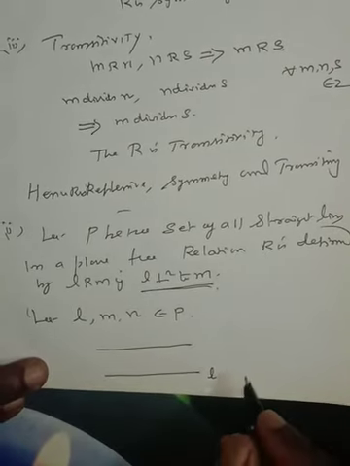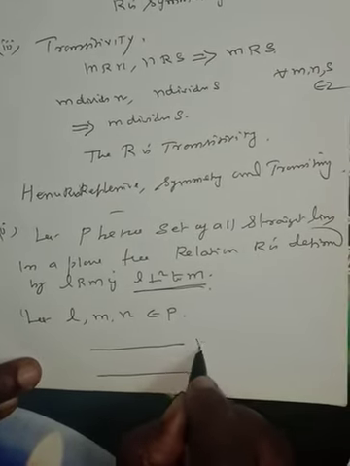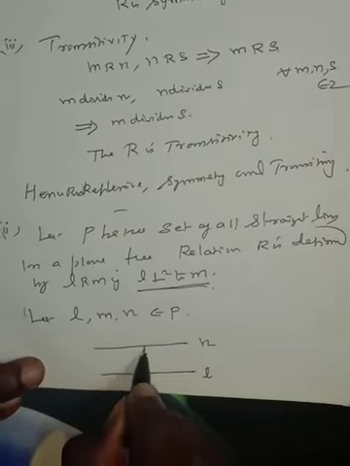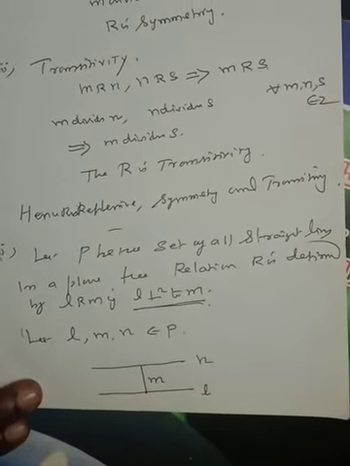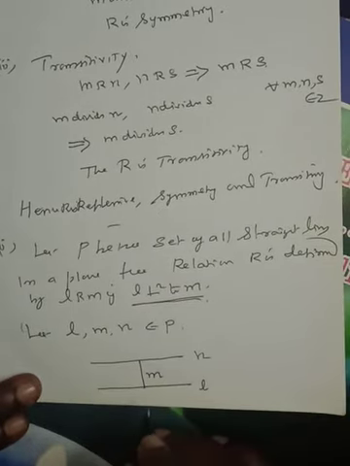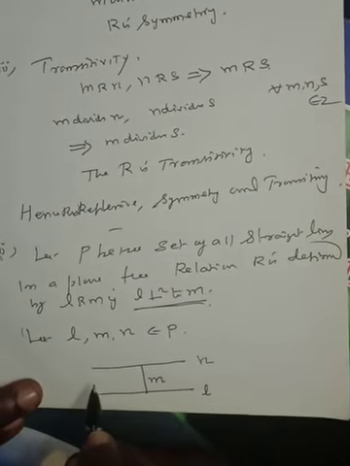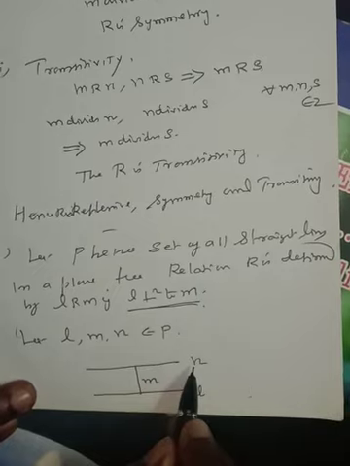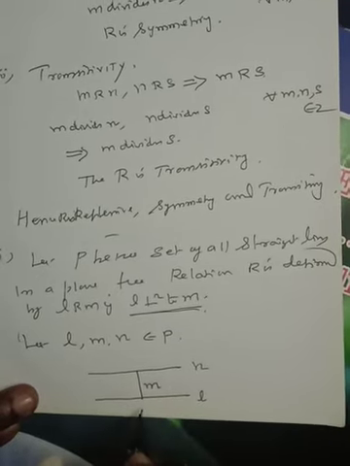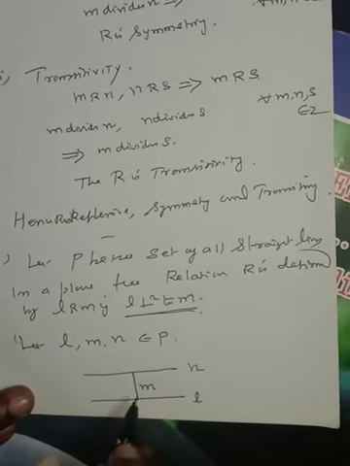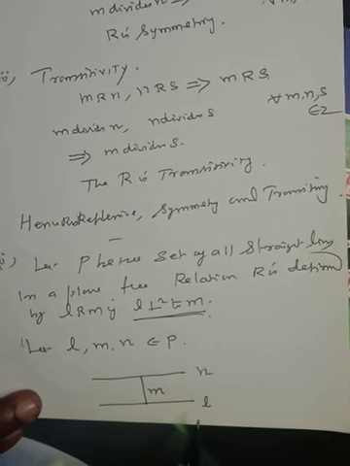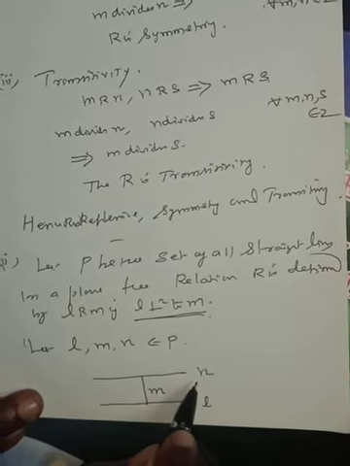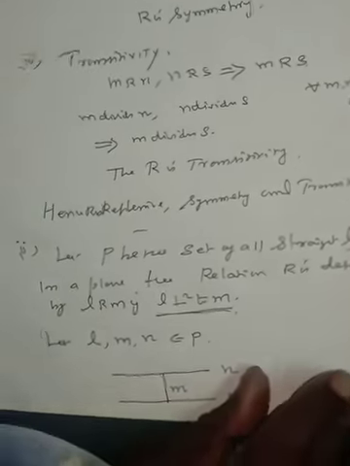L is a straight line, N is another straight line, and the perpendicular line is M. Take three straight lines: L, N, and M. L is perpendicular to M, M is perpendicular to N, but L is not perpendicular to N.